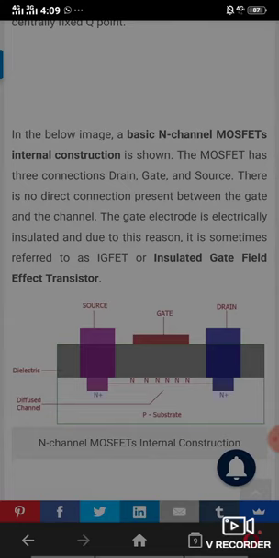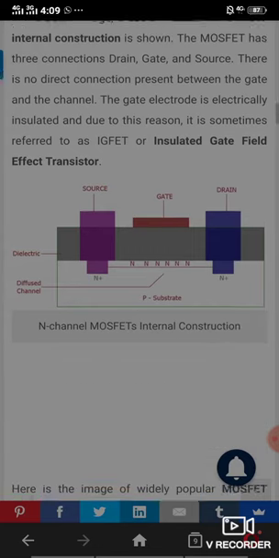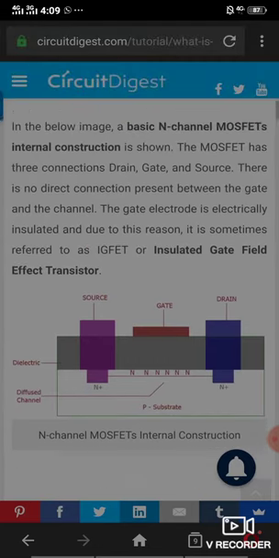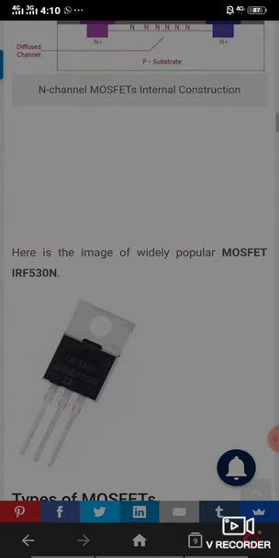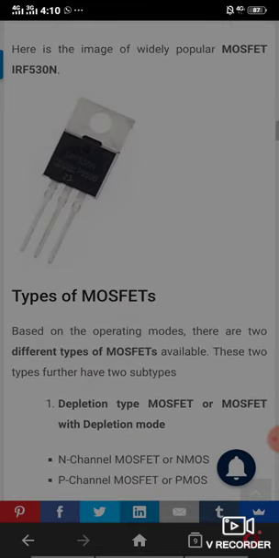In the internal construction of an n-channel MOSFET, we have source, gate and drain. The dielectric is in between, and the gate is isolated from the diffused channel. Here is an image of the widely popular MOSFET IRF530N.